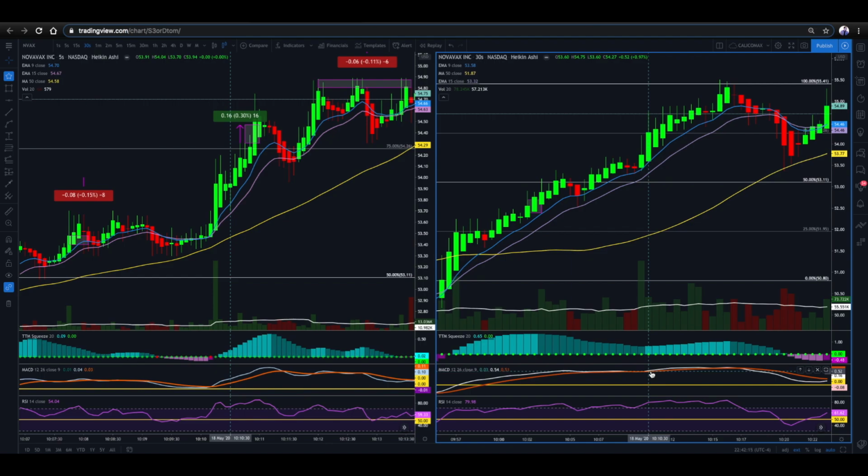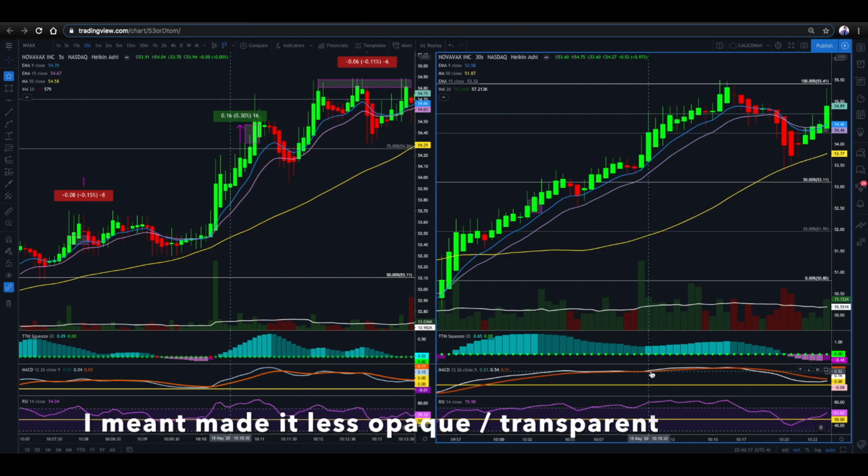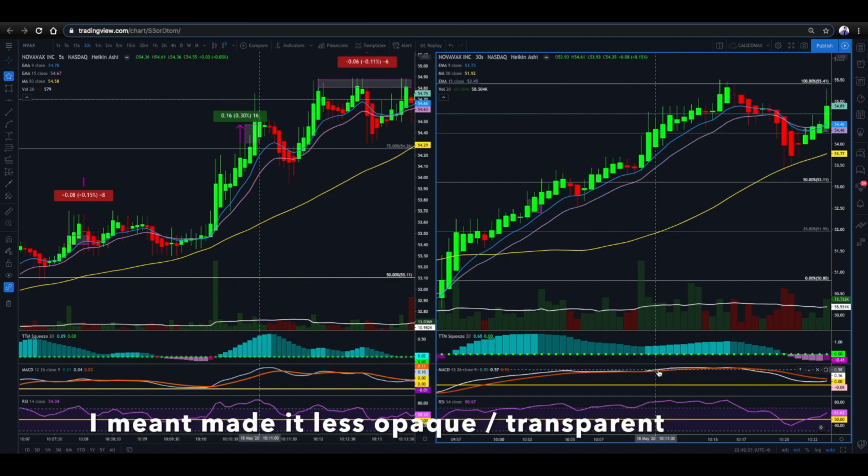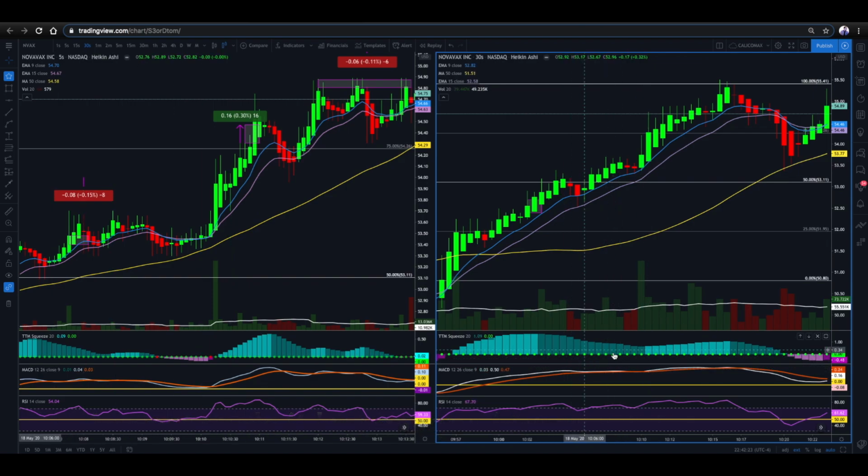And you can't see my histogram on the MACD because I've made it opaque, but it's in that dark green color, so it's still okay because I've colored it like the TTM. Or actually, sorry, it's actually bad, so I would have got out of there. But when it turned light on the histogram, that would have been more confirmation because the two light colors are ascending, right? They're heading up.